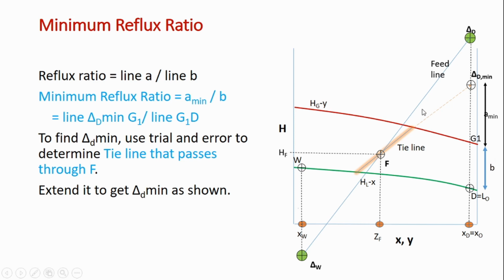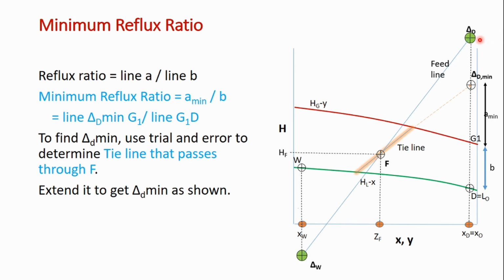And in the problem, if it states that the actual reflux ratio is 2 times the minimum reflux ratio, then from this minimum reflux ratio, which is A minimum by B, you find out the actual reflux ratio. Using that reflux ratio, find out the actual A value. The intersection of XD to this delta D is the actual Q dash.